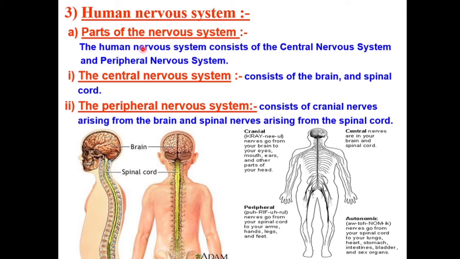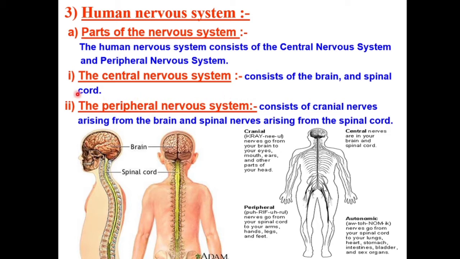Human nervous system. What are the parts of the human nervous system? It can be divided into two parts mainly. One part is the central nervous system. The second part is the peripheral nervous system. The central nervous system consists of the brain and spinal cord, and all the nerves coming out of the brain and spinal cord come under the peripheral nervous system.